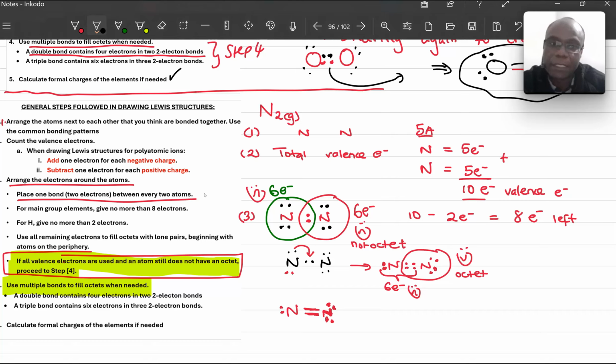So this guy has to share, because the left one shared before. In this step, the right nitrogen will share. You do that, and you get a lone pair of electrons shared there. You're left with 2 dots on the nitrogen on the right. Those shared electrons are another bond.